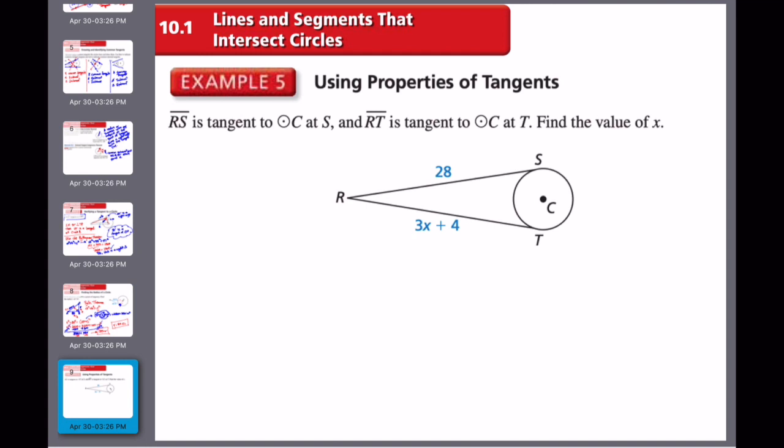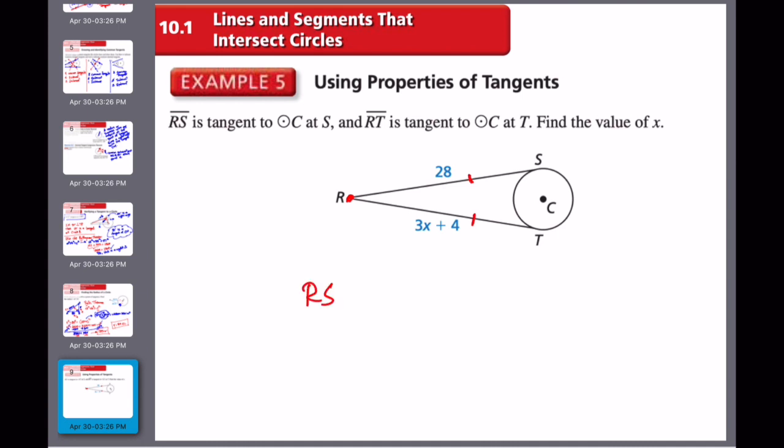And our last example, it says RS is a tangent to circle C at point S, and that RT is tangent at circle C at point T. Find the value of X. And this is the common external point for the common tangents. And our theorem told us that these common tangents would be congruent.